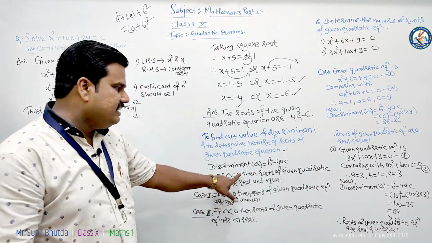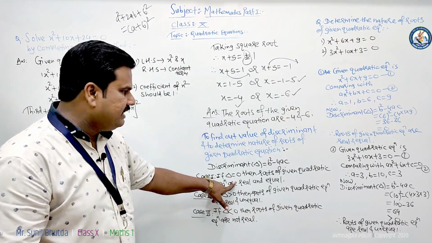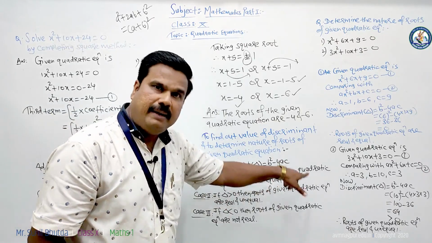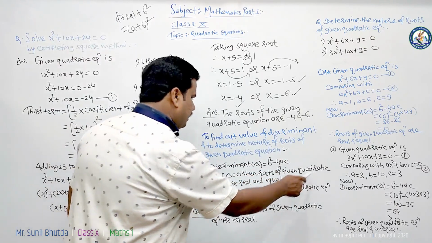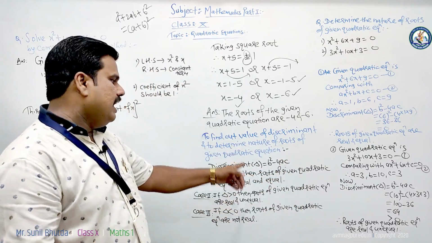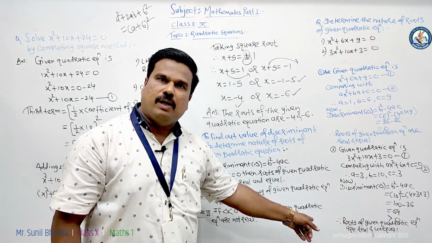If delta is equal to 0, that is if b square minus 4ac equal to 0, then roots of the given quadratic equation are real and equal.